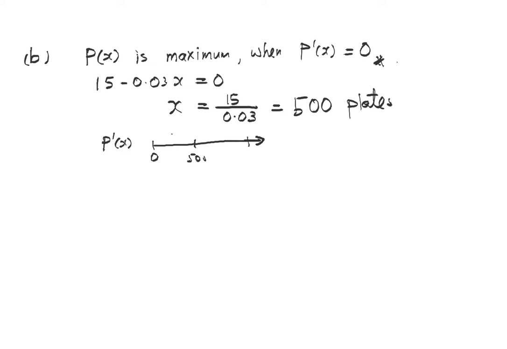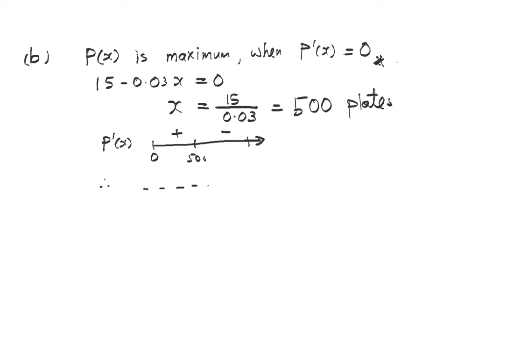So here is a plus and here is a minus. Am I right? So that's sure. So then you answer, okay, a maximum profit will occur when it makes 500 plates. So answer the question, therefore, make a habit of doing that.